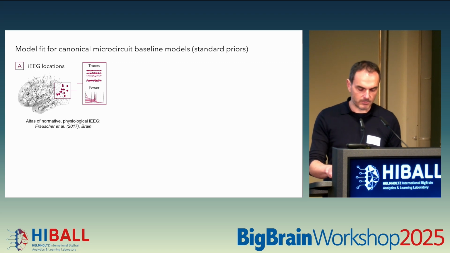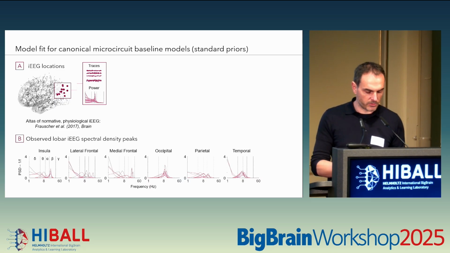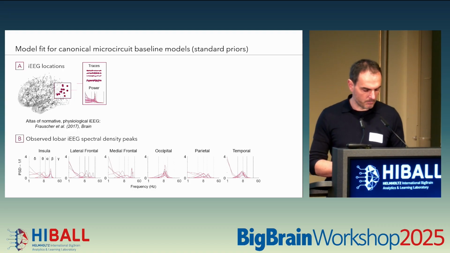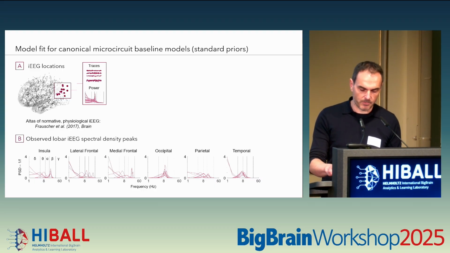As said, the first bit was the EEG traces. We used them not in the time domain but in the frequency domain, as a lower-level descriptor. This is just to illustrate the oscillatory peaks in different cortical lobes.